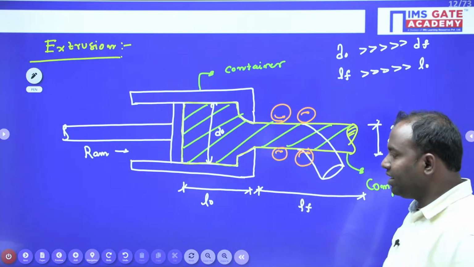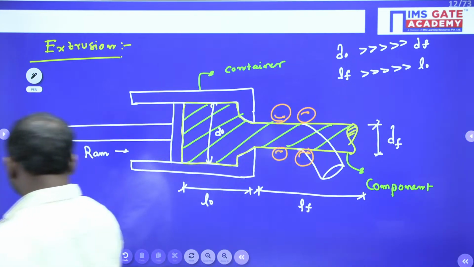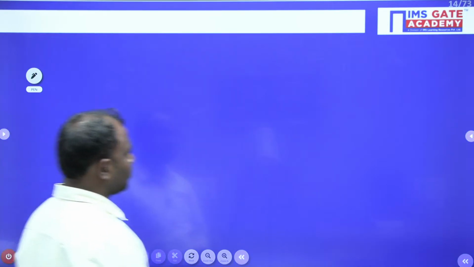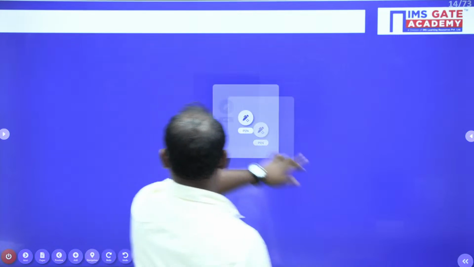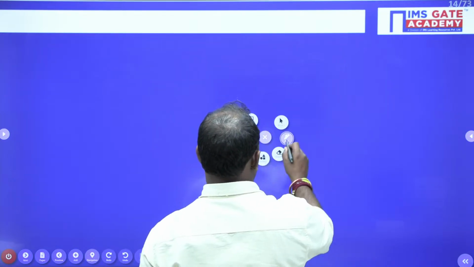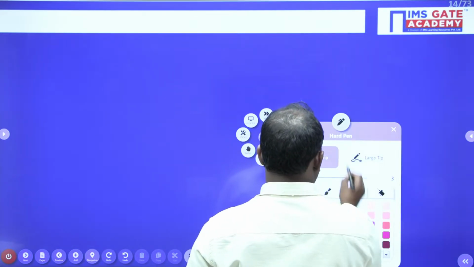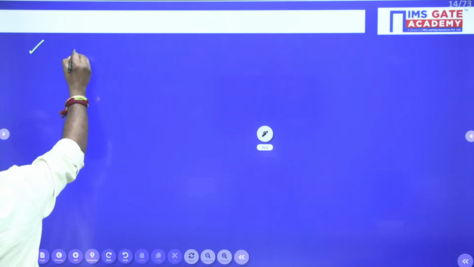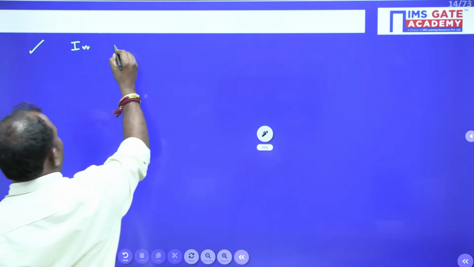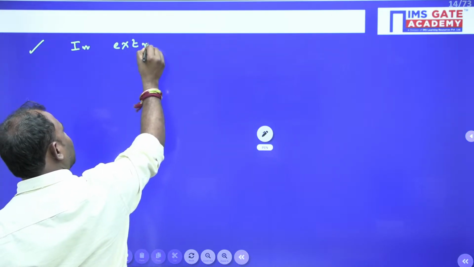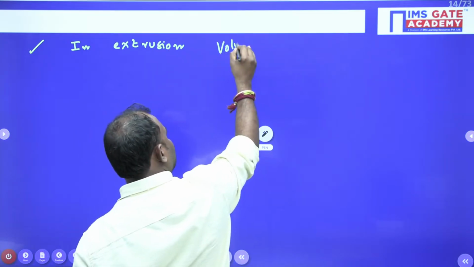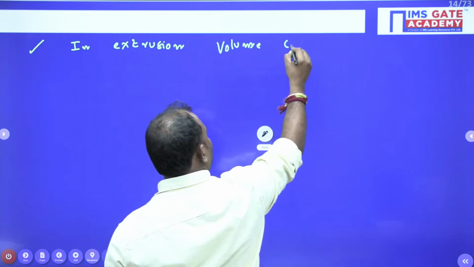That is the reason why I'll write it: in extrusion, volume is constant.